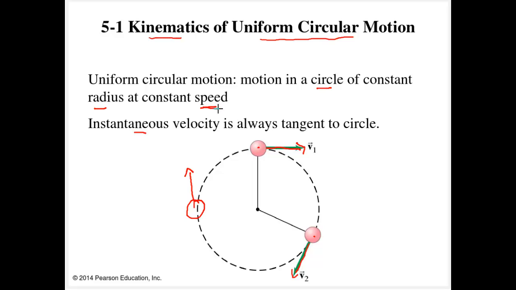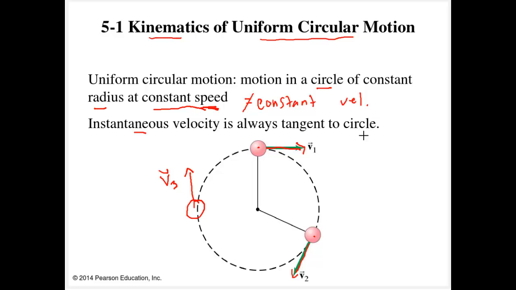Now, we have to be careful here about the definition of speed and velocity. This speed is always going to be constant. Speed would be the length of the velocity vector. But remember that constant speed does not mean constant velocity.